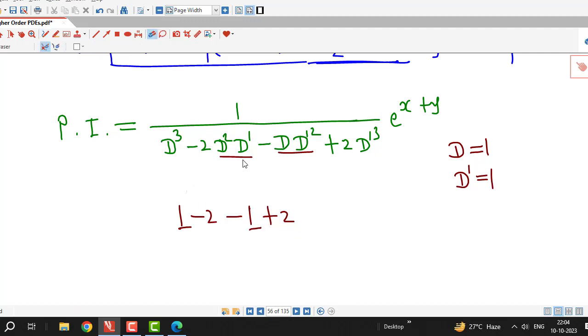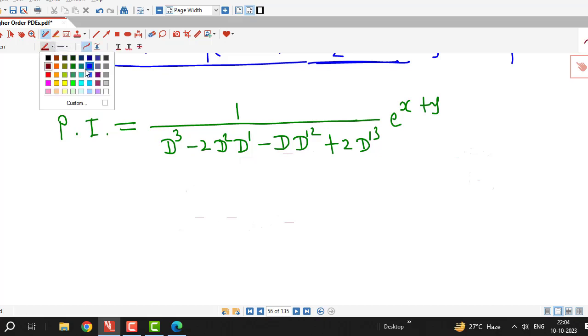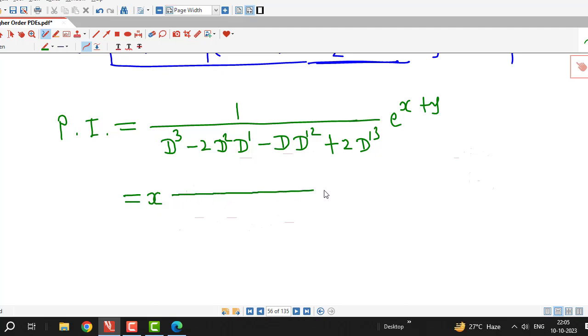That means this function of D and D dash becomes 0 if we put D equal to 1 and D dash equal to 1. So for that I have to multiply by x, and I have to differentiate this function with respect to D. Okay, we can write one more step.